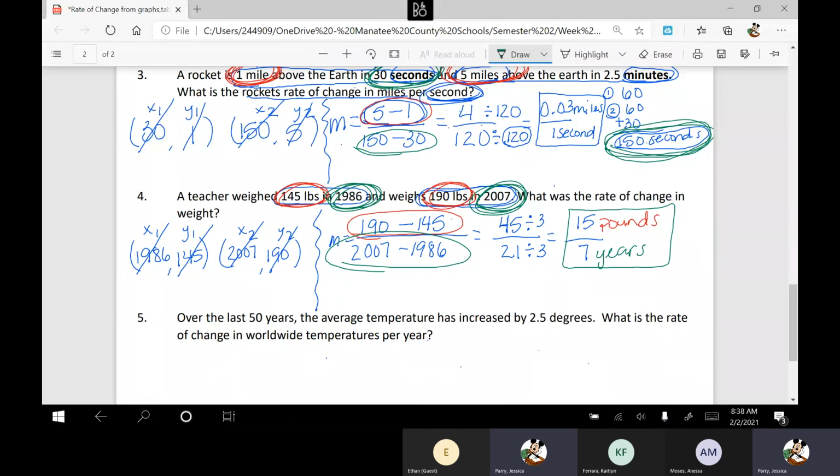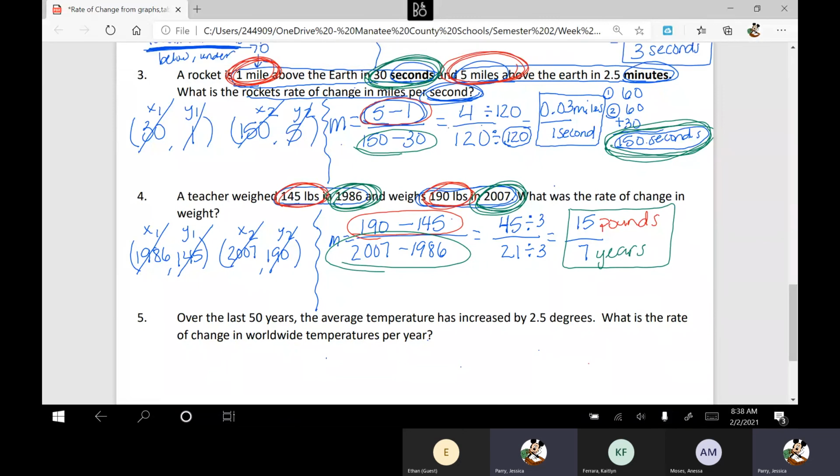Okay. But most of the time, if you ever have questions like this on a test, exam, something like that, they're also going to have the words there for you. Sometimes your answer might say like 15 years, 7 pounds. It might be flip-flop. So you need to know how to tell which one's which.